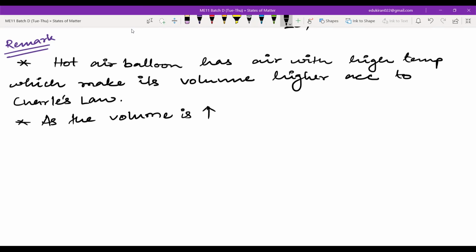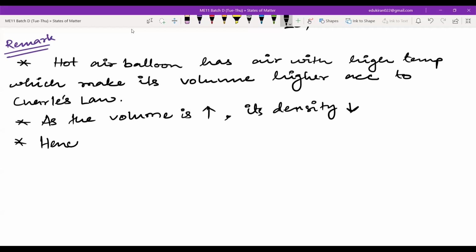Now, as the volume is high, its density decreases. Now, if the density is decreasing, what is happening? It is getting lighter and lighter, right? So if it is getting lighter, then what will happen? Its density decreases.